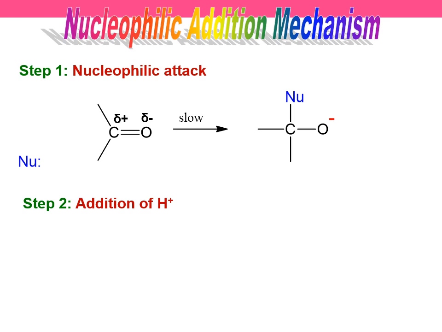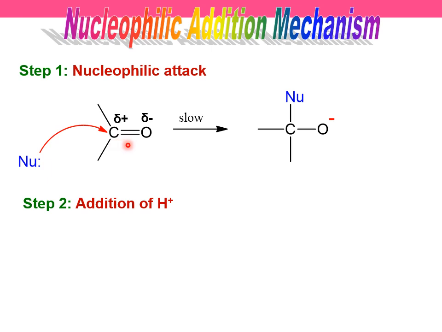So, the first thing that is going to happen is the nucleophile will attack the carbonyl group from below. The place where it is attacked is at the electropositive part of the carbonyl group, which is the carbonyl carbon.